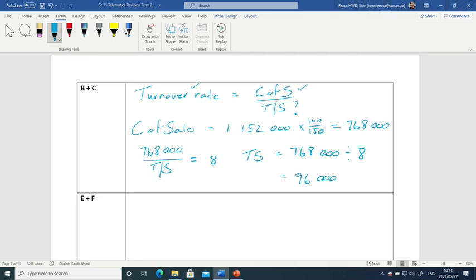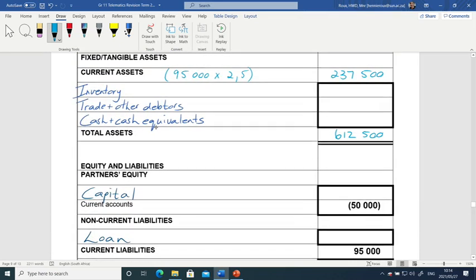I want to get rid of this. I multiply by trading stock on the other side of the equal sign. But then I want to get rid of the 8. So I divide by 8. I'm actually just swapping those two, but there is a mathematical reason behind that. But you just swap the two, so there's my trading stock. Another piece of the puzzle. Trading stock, 96,000. Next to inventory, 96,000. Another 2 marks.